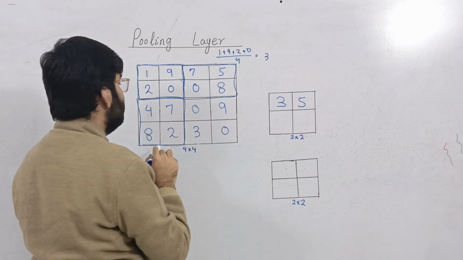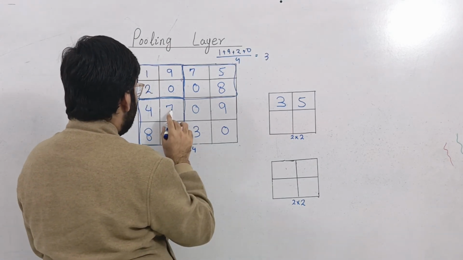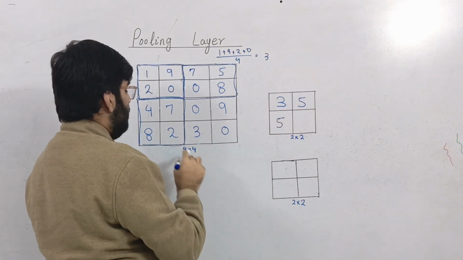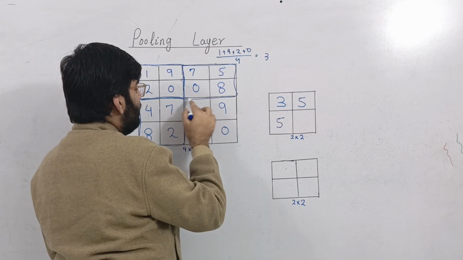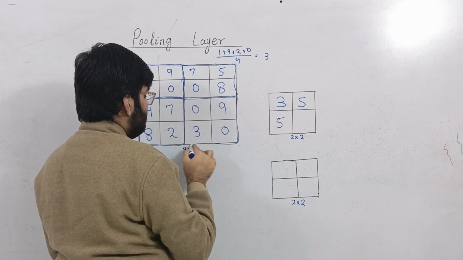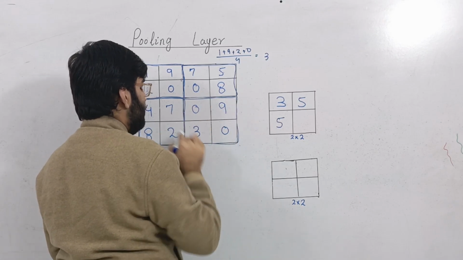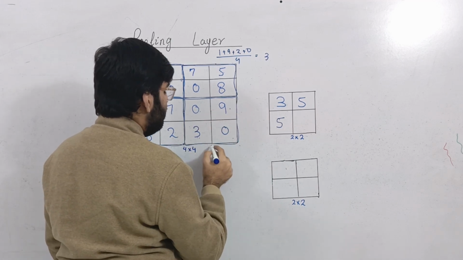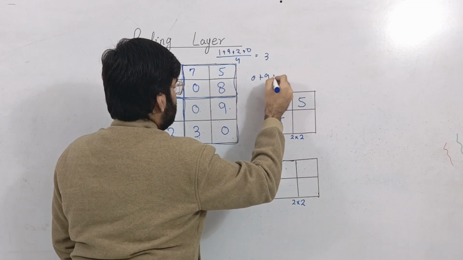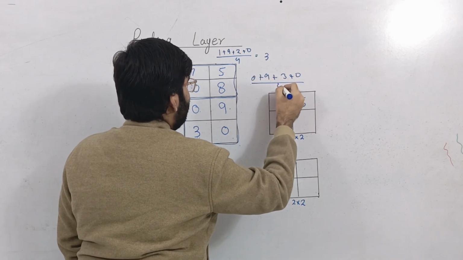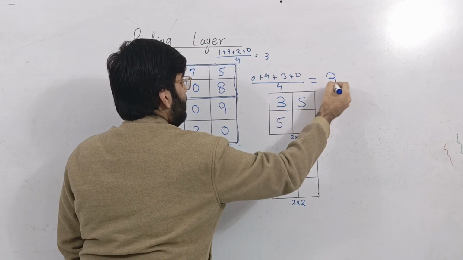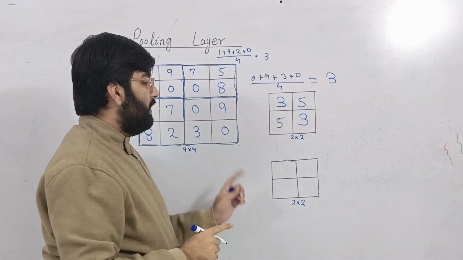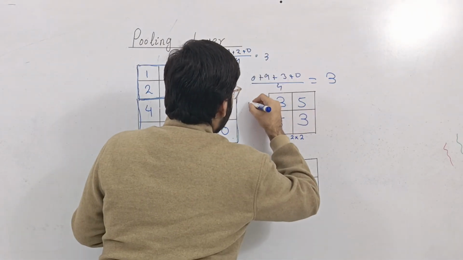The average of these is approximately 5. The kernel now moves 1 point to the right. It adds up these 4 and then divides by 4 to calculate the average, and the average is 3. This 3 is placed here. This type of pooling is called average pooling.